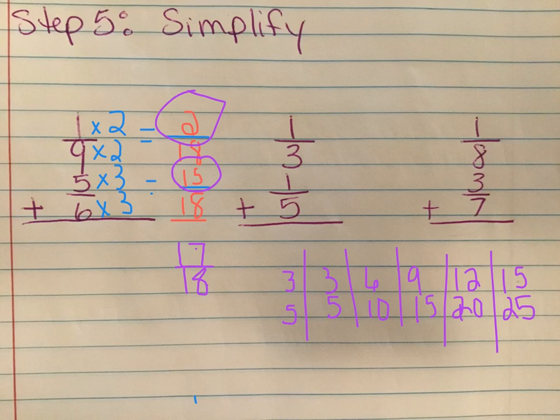You'll notice that at times 5, I have a 15 and a 15. So the 5 I'm going to have to multiply by 3, and the 3 I'm going to have to multiply by 5.